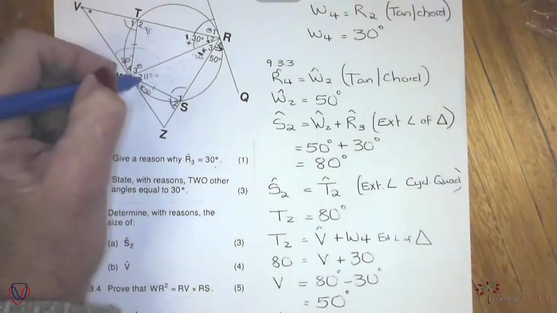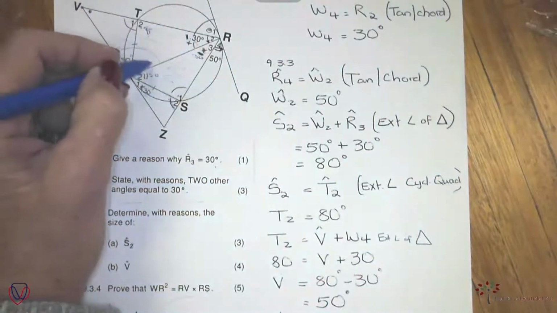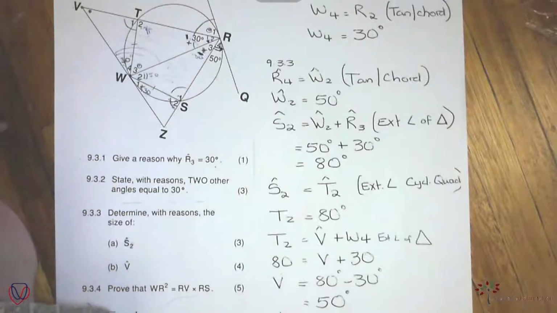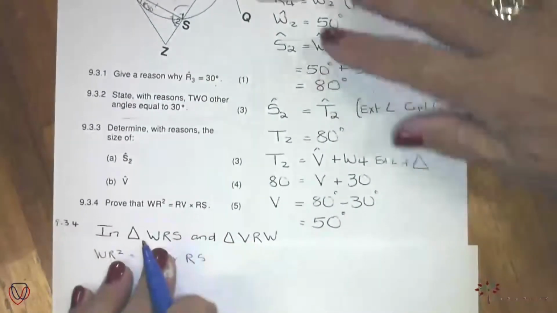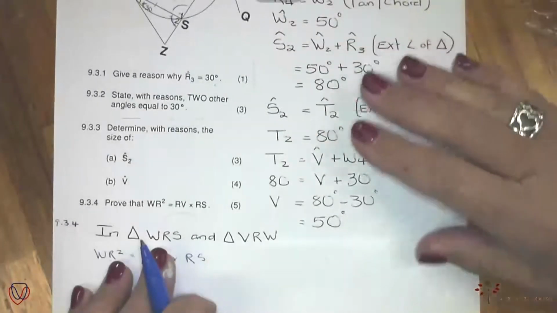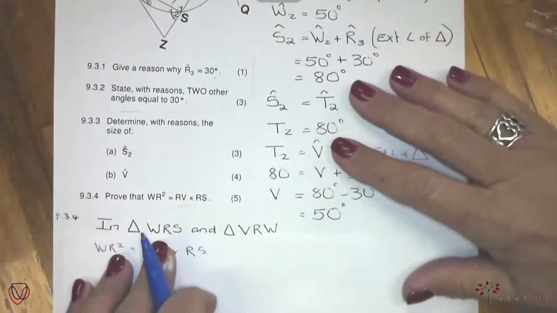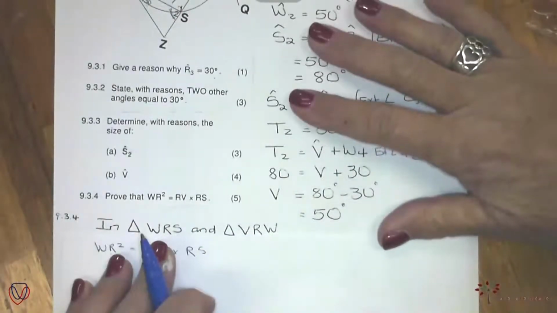The W in this sketch is what? No, it's not 50. So our order here is not correct. Be careful now. When you do your proof, you make sure that you work from the big triangle to the smaller one or the other way around, and you make sure which angles correspond. And then you rewrite these in the correct order.